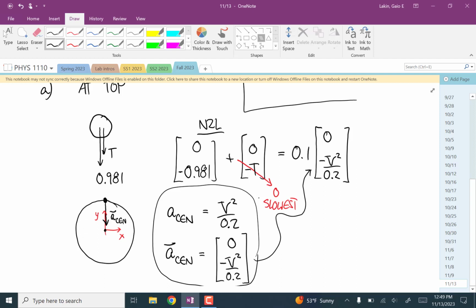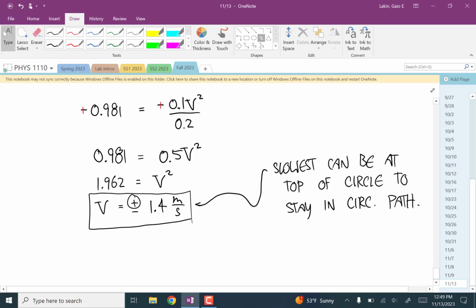If it's going slower than this, in order to stay in that circular path, the cable would have to push on it. Well, we know strings can't do that. So we're finding exactly between those two points. That's the point where it just makes it around the circle, when that cable isn't doing anything. But it still has this centripetal acceleration, so it still stays in a circular path. Okay, so that's the speed at the top of the circle.